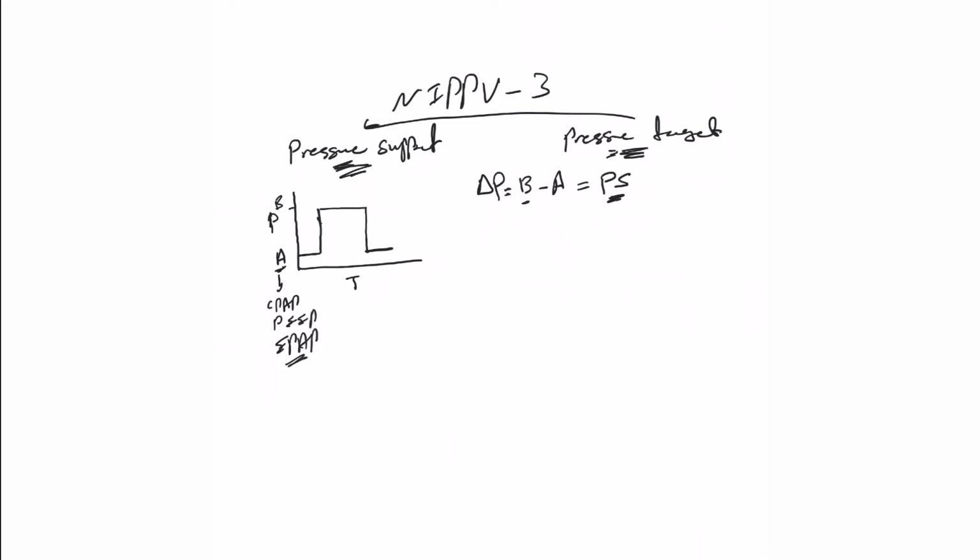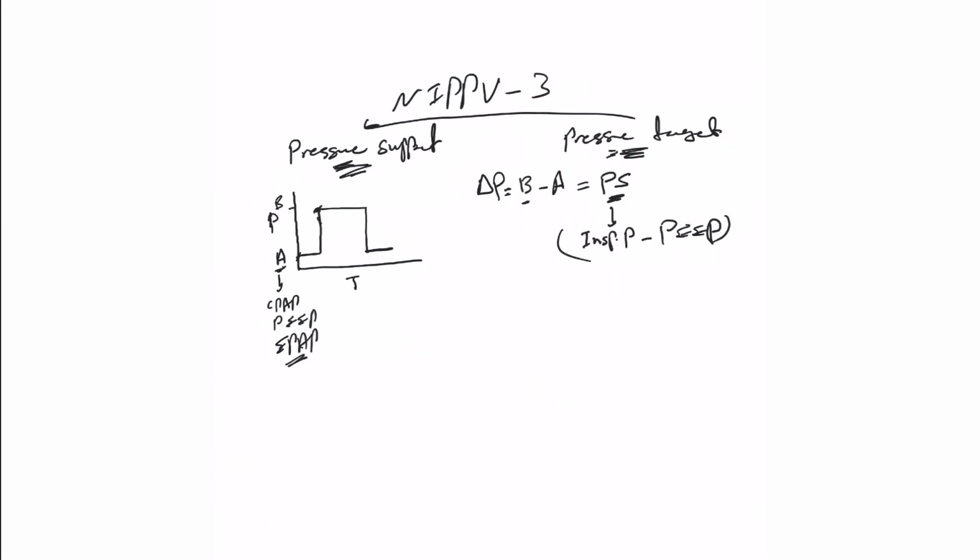In pressure control, this term is similar to the inspiratory pressure, P minus PEEP. This is delta P. In pressure control, we give inspiratory pressure, so it goes from the PEEP to the inspiratory pressure. In pressure support mode, it goes from the PEEP to the pressure support value we want to achieve.